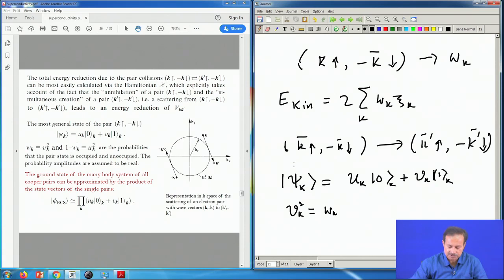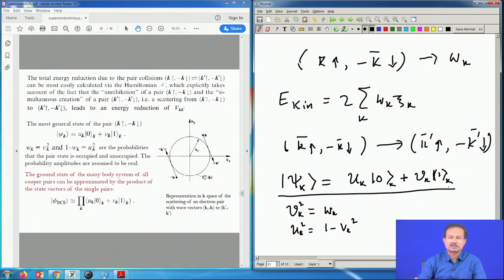So, Vk square must be the probability Wk, and then Uk square is the probability of no occupation of that pair state. So, that means Uk square must be equal to 1 minus Vk square. Okay.